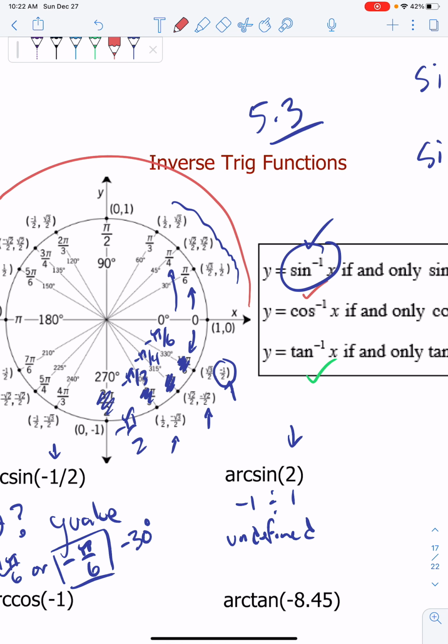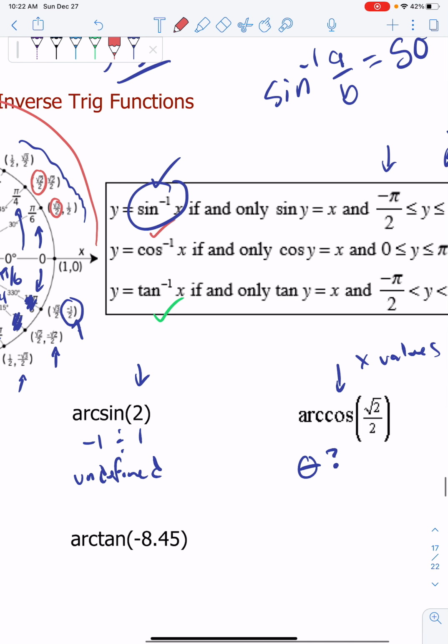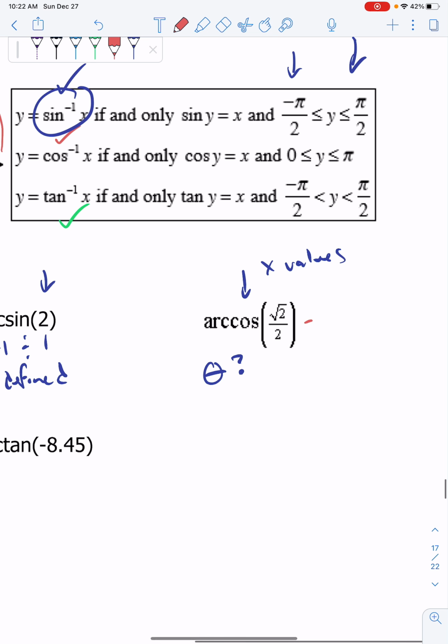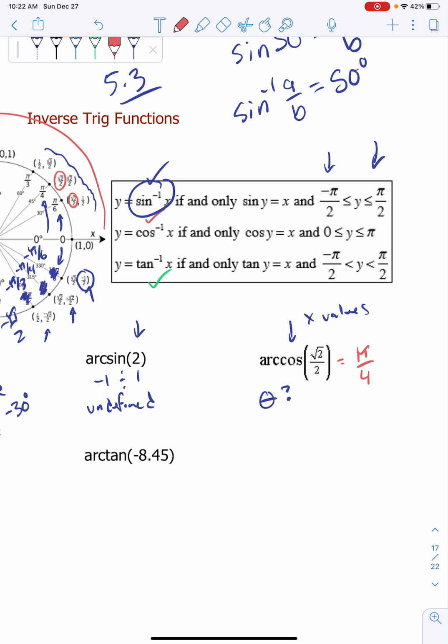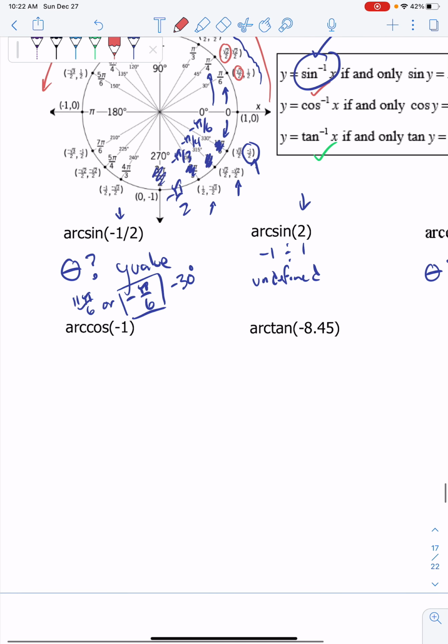So I look at my x values. Root 3 over 2, root 2 over 2 is that one right there. So I would say pi fourths is the arc cosine of root 2 over 2. That is the angle that gives me root 2 over 2.